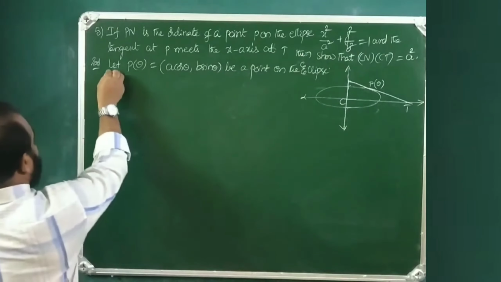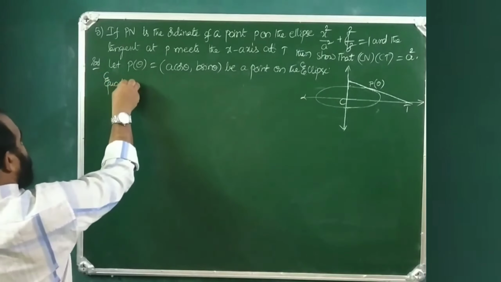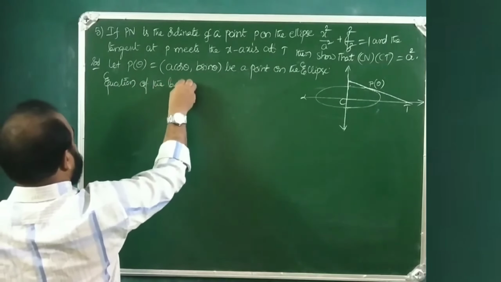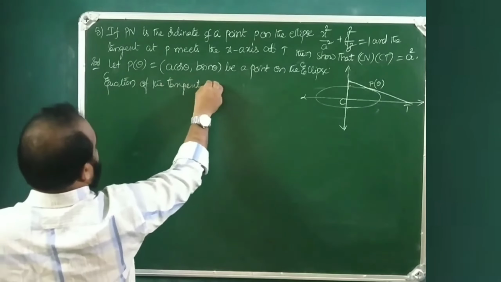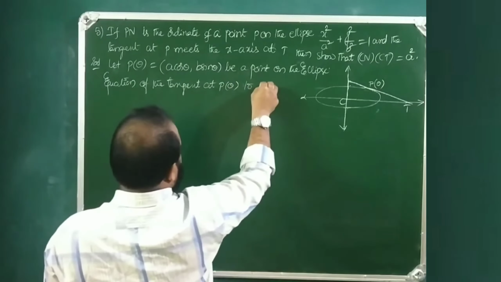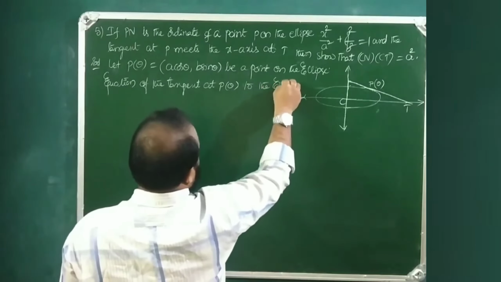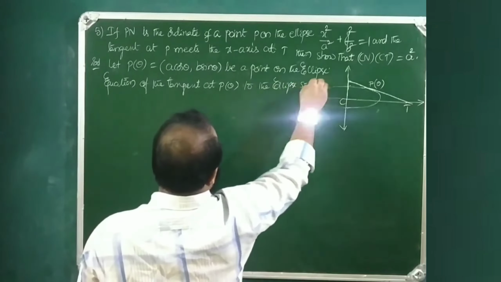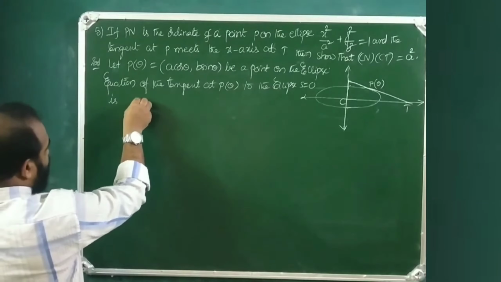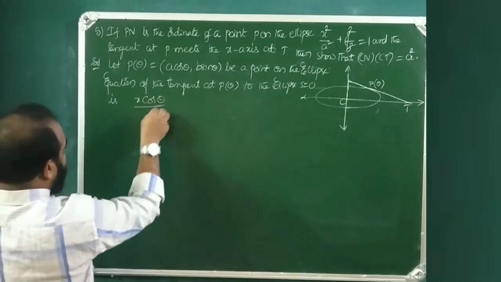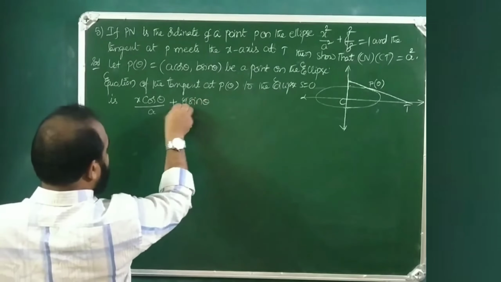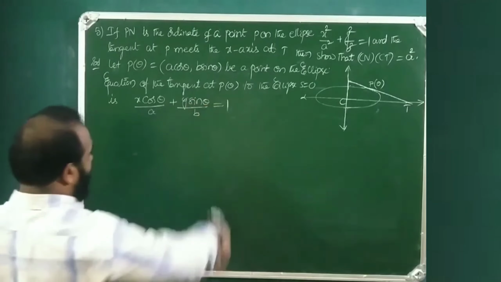Then the equation of the tangent at P theta to the ellipse S equals 0 is x cos theta by a plus y sin theta by b equals 1.